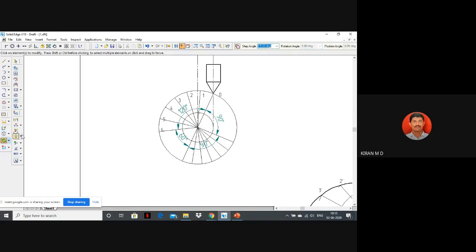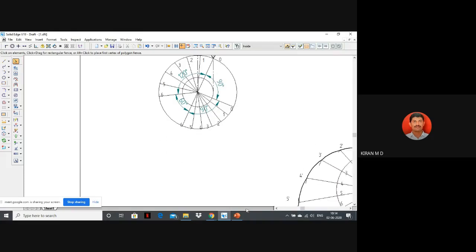Okay. So similarly, here also you mark the points. This is 6, 5, 4, 3, 2, 1, 0. Okay. So now same procedure for the previous drawing what we have done.